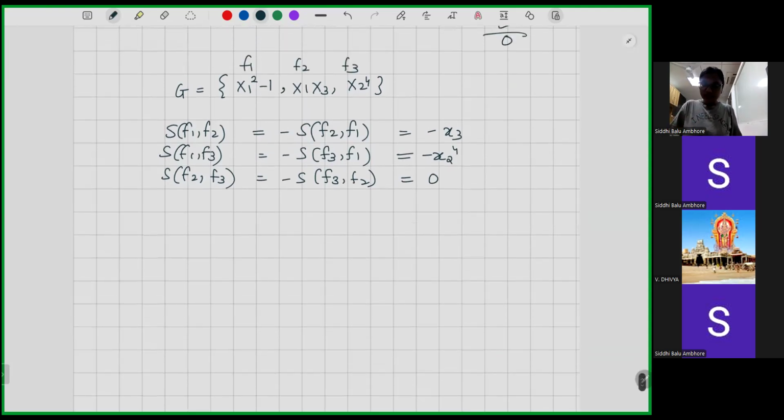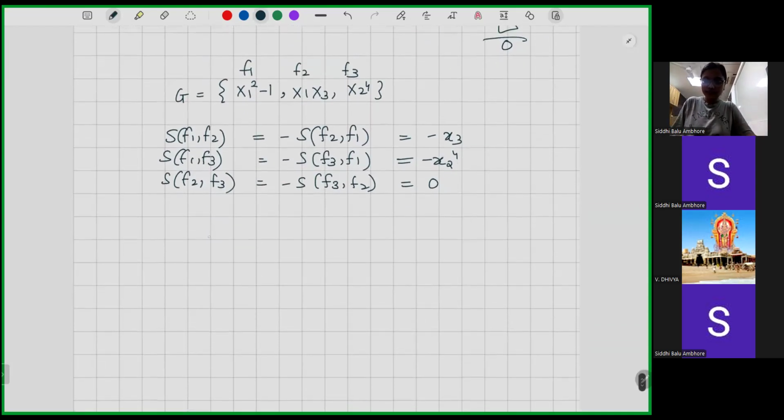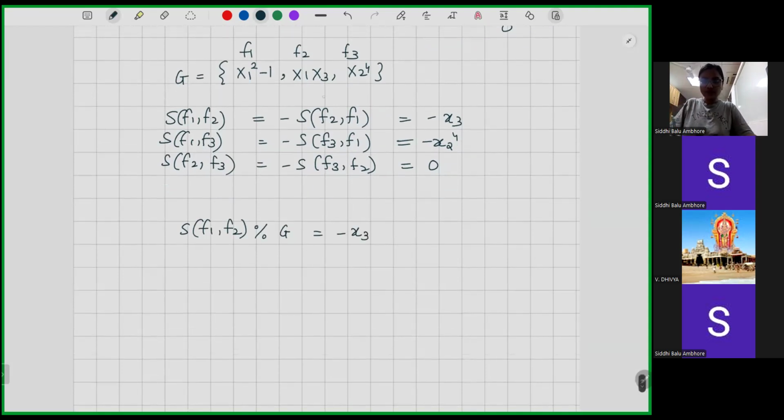So we check the remainder. S(f1, f2) when divided by G is minus x3 always, because no matter what you do, you can never get x3 using this. Okay, so x3 is a non-zero remainder.